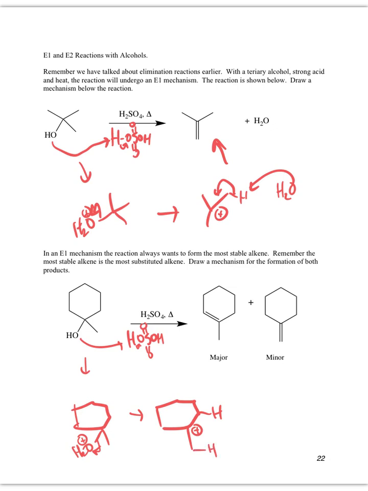There are two different types of hydrogens, so we could take off either one. If we take off the one in the ring with our water, we're going to get the double bond in the ring, and we know the more substituted the double bond is, the more stable it is. So this double bond has 3 groups off of it, 1 off that carbon and 2 off that carbon, and only 1 hydrogen on it.